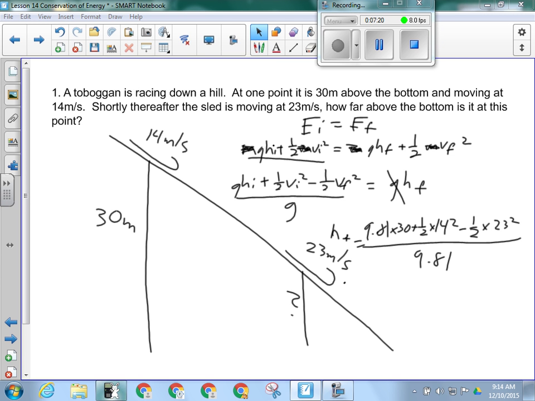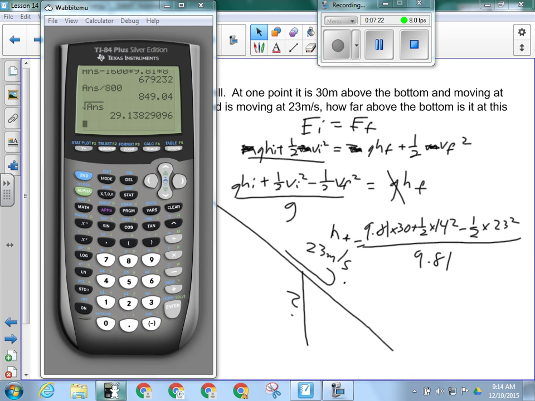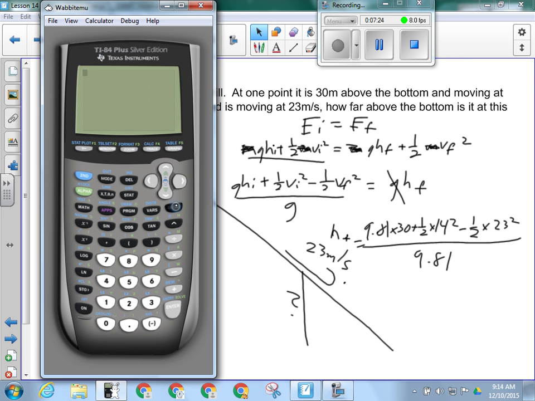All right, so we'll plug all that in. 9.81 times 30 plus 0.5 times 14 squared minus 0.5 times 23 squared, divided by 9.81. All right, so we're 13.03 meters above the bottom of the hill.